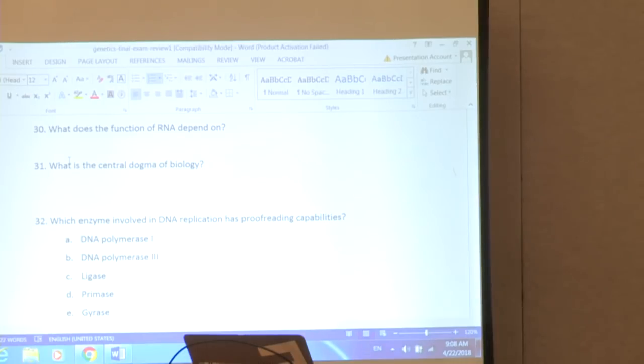Because our DNA nucleotides need a free 3' hydroxyl to be attached to, right? And the RNA primers from primase allow that to happen. But then it's RNA, so that's why we need DNA polymerase 1 to come in and replace our RNA with DNA, because we don't want RNA in our DNA.